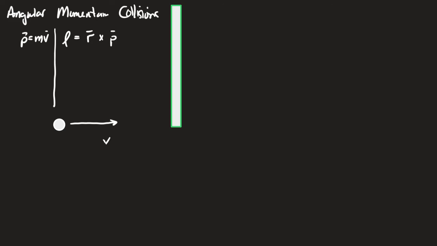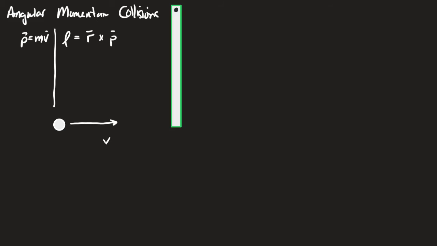So we're going to have a standard collision between this bar and this object. We're going to say the bar has a rotational axis about its end. So something is holding it in position about its end. Imagine a meter stick that's been nailed into the wall so that it can rotate about the end of the meter stick. And this object is going to collide with the bottom of the meter stick.